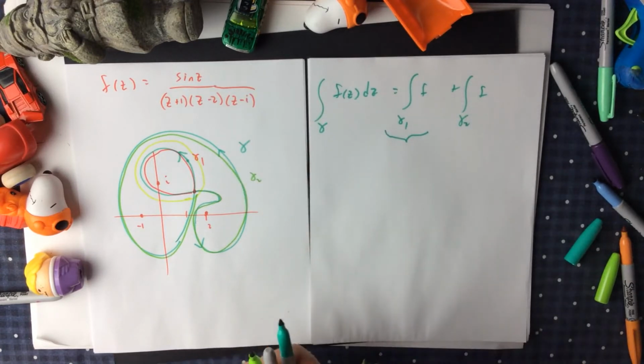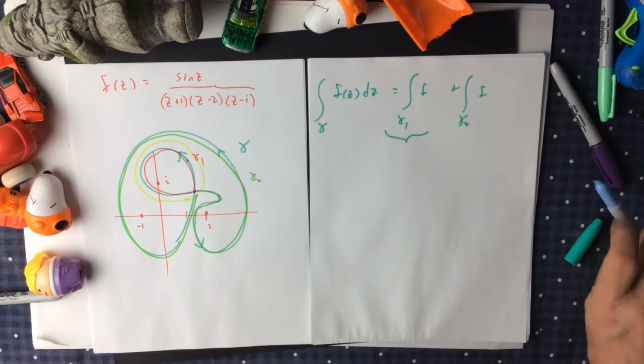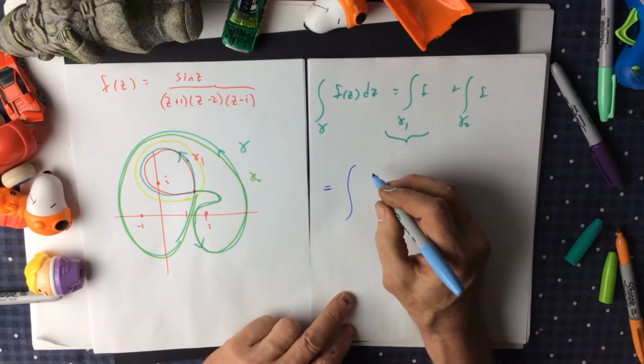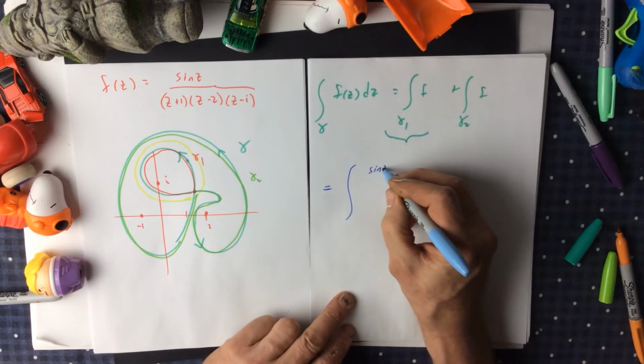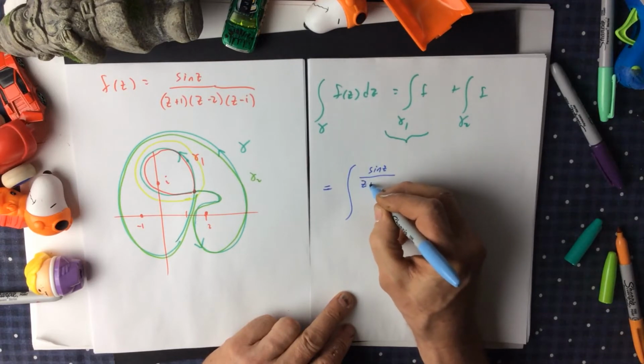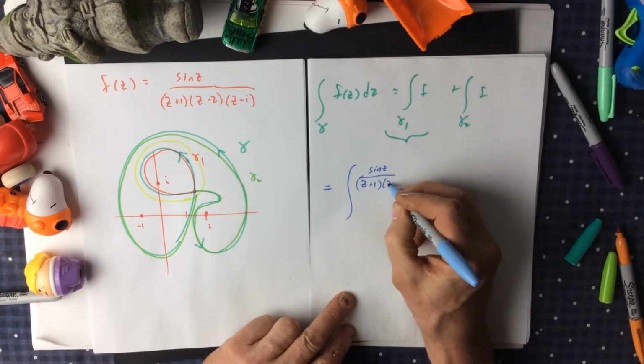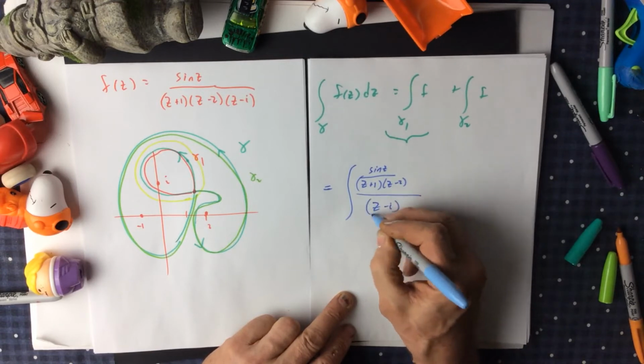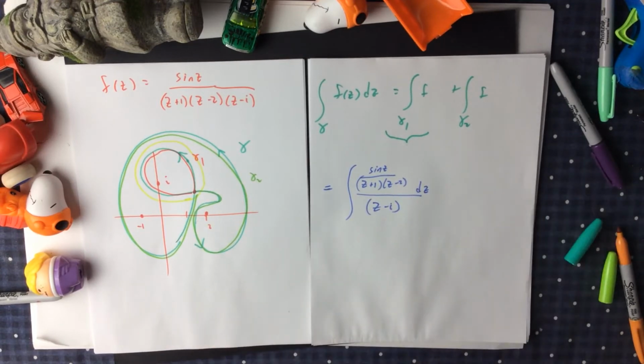So I'm going to write it the following way: as the integral, and in the numerator I'm going to put sine of z divided by (z plus 1)(z minus 2), over z minus i, dz.